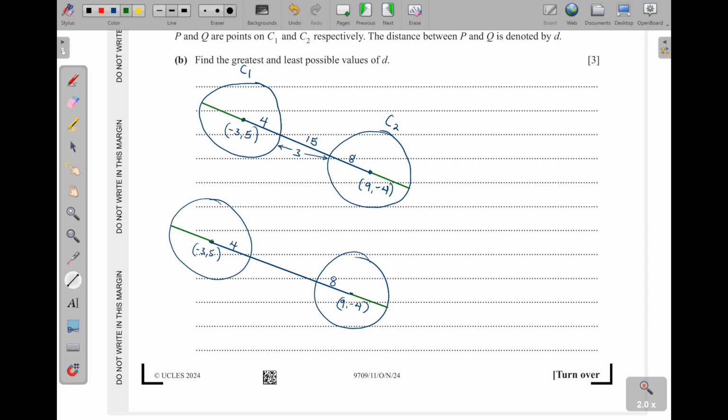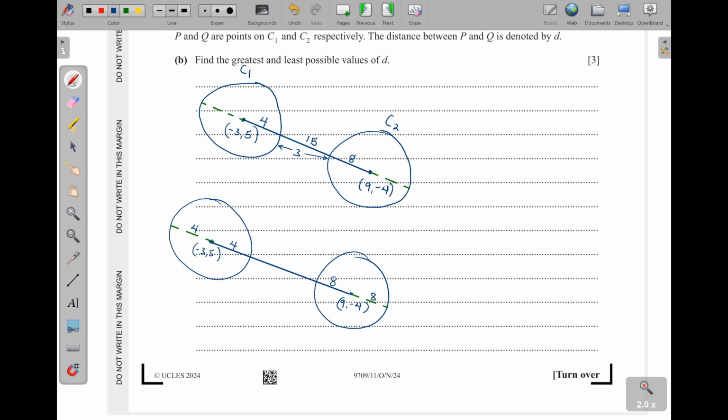I can even make it dotted, just dotted like that. Now, remember also that as I extend, this one is also 4 units. This one is also 8 units.